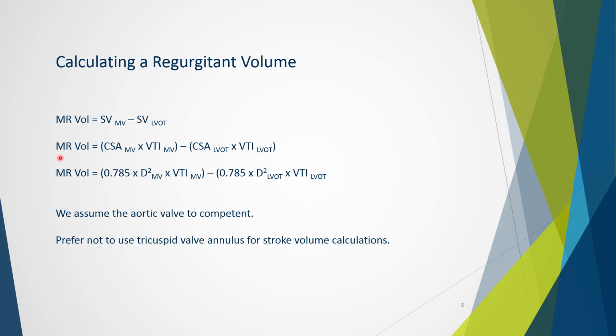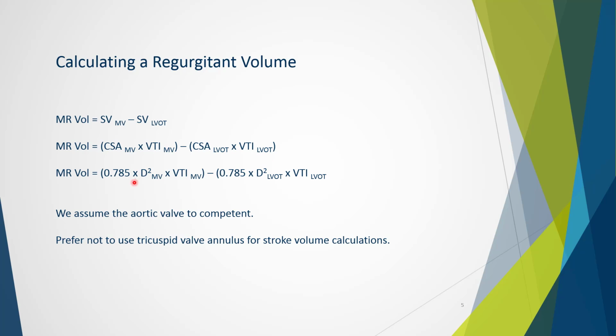Expanding upon the formula further, we can see that mitral regurgitation volume is equal to the cross-sectional area of the mitral valve times the VTI of the mitral valve, minus the cross-sectional area of the LVOT times the VTI of the LVOT.